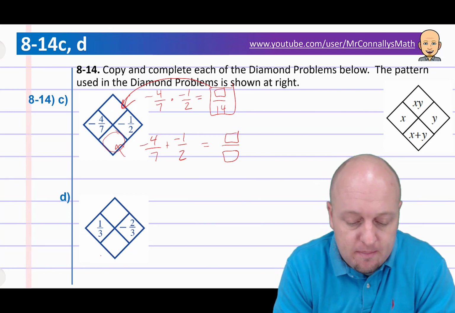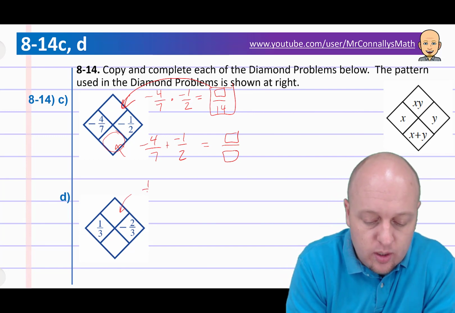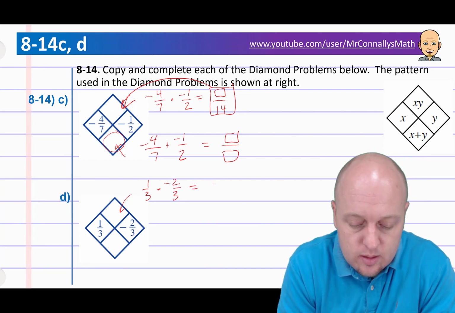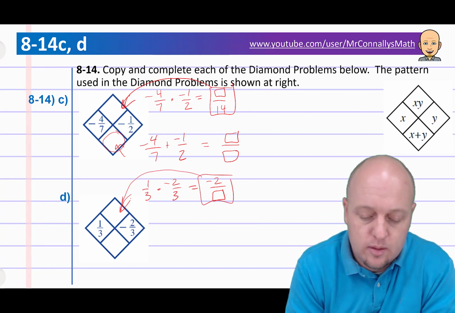Okay, let's look at D. Same thing. This is going to be 1/3 times -2/3. So 1 times -2 is -2, and 3 times 3 will go there. And that's the number that will go on the top box.